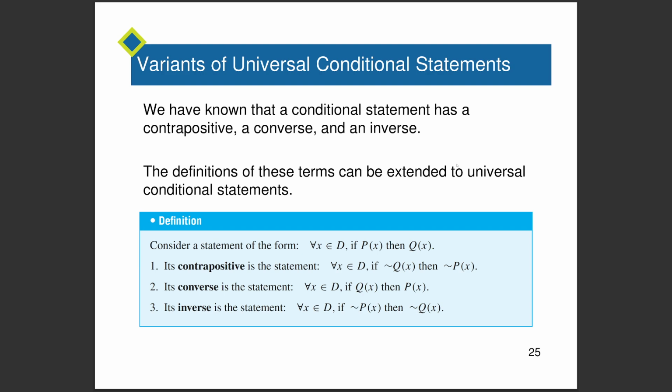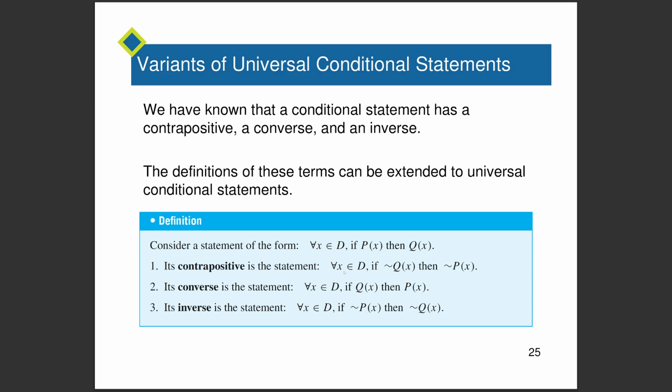So the contrapositive of the statement "for all x, P of x implies Q of x" is the statement for all x. Be careful: before, when we had to take the negation, we had to change this to there exists. Now we are keeping it as for all.